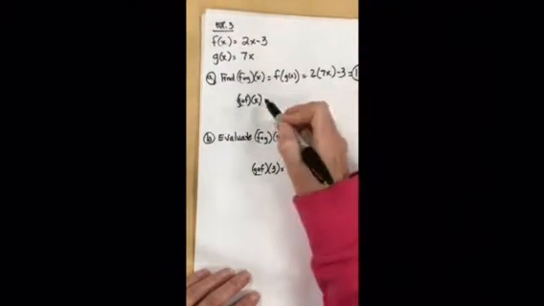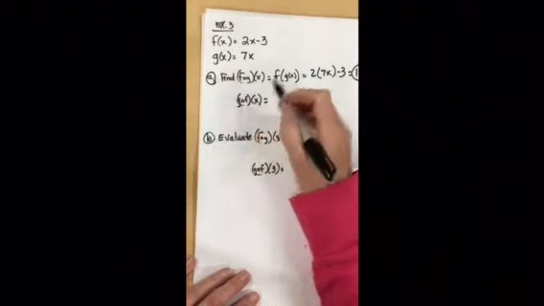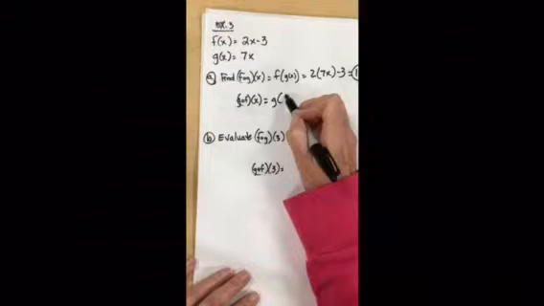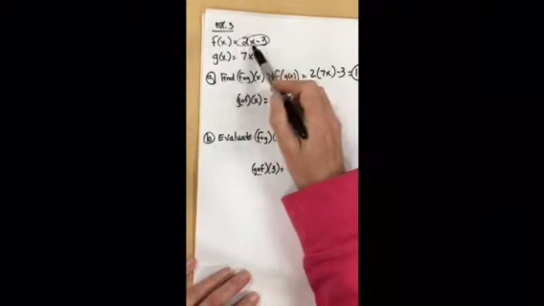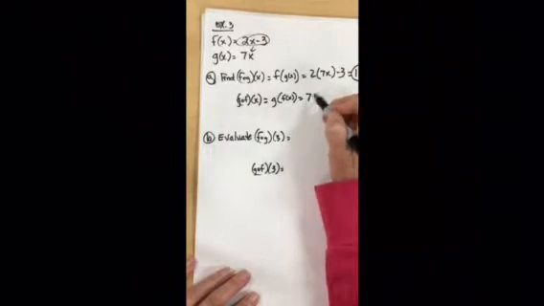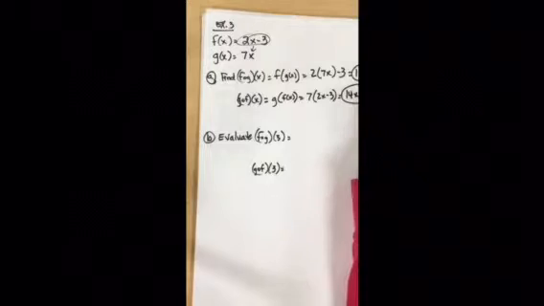Okay, so now let's swap it, and we have g of f of x, and f of x goes in this x. So we have 7 times 2x minus 3 equals 14x minus 21. And you can see clearly these do not come up with the same answers. So those are not the same.